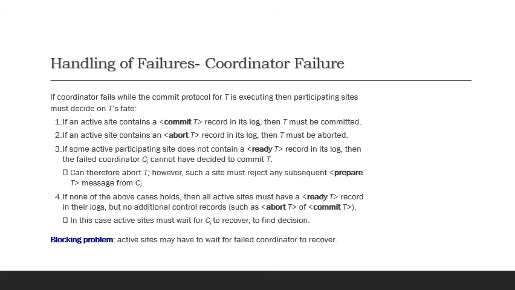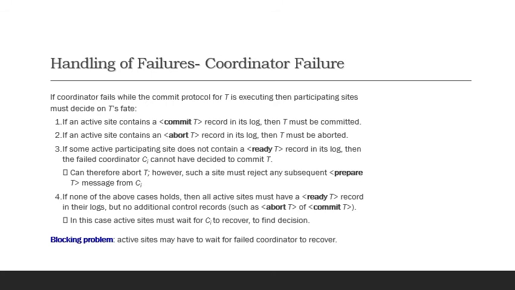If an active site contains an abort T record in its log, then T must be aborted. If some active participating site does not contain a ready T record in its log, then the failed coordinator Ci cannot have decided to commit T. We can therefore abort T. However, such a site must reject any subsequent prepare T messages from the coordinator Ci.